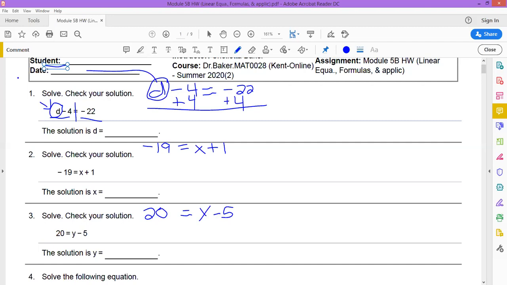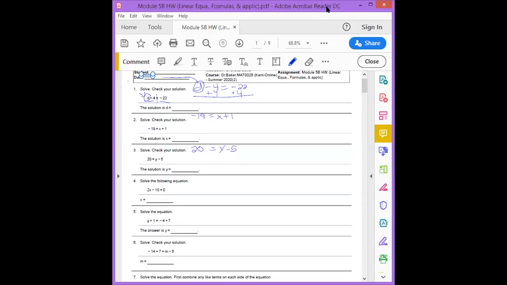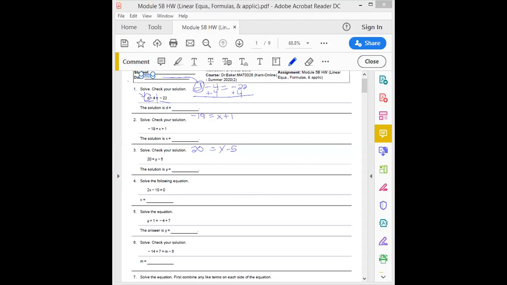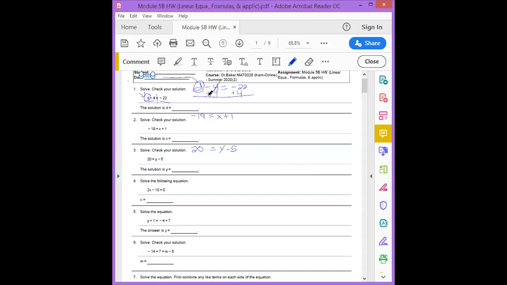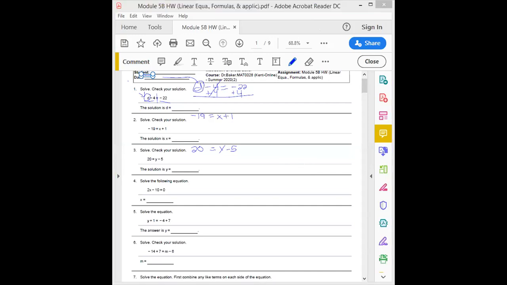Now, when we add 4 on the left side, do you see what happens here? Our equation actually starts to simplify. The 4's cancel out. Negative 4 plus 4 gives us 0, so it cancels out, and that's what you see me doing there.